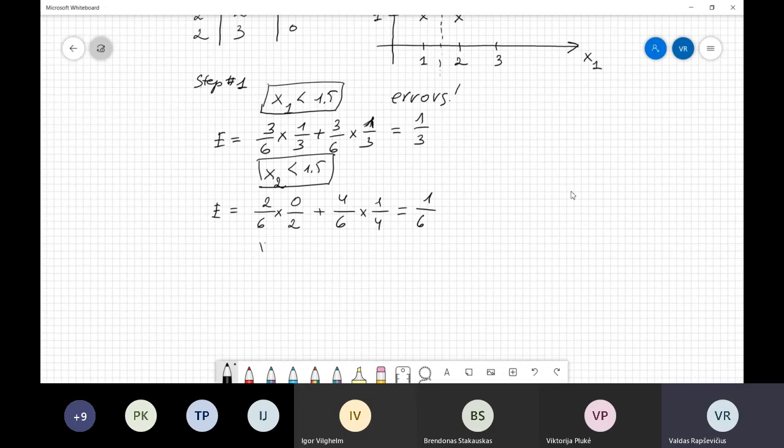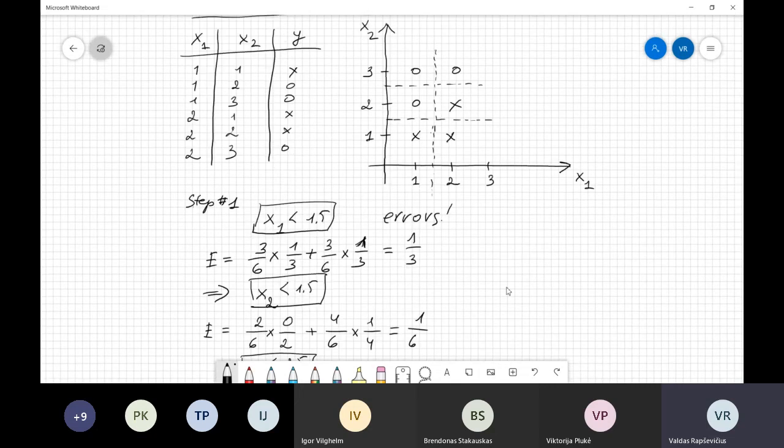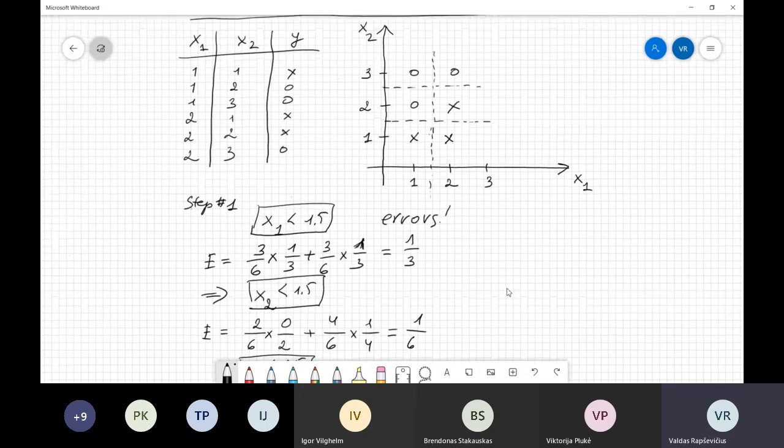So this is a candidate for split, less than 2.5, with error equals 1/6 as well. So obviously, by our algorithm, we are choosing this as the first candidate to split. This is the split we take. So this is the first split.